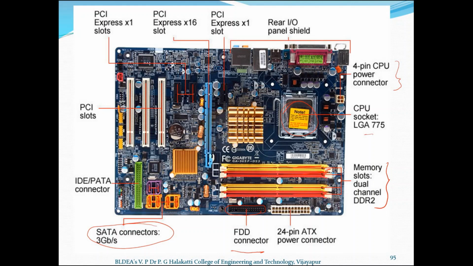These slots are used to connect hardware to the computer. Similarly, we have PCI slots, rear input output shields, right? So different slots have been shown in the figure, how they physically look. Since we are learning everything online, I had to show you diagrammatically how it physically looks in a computer.